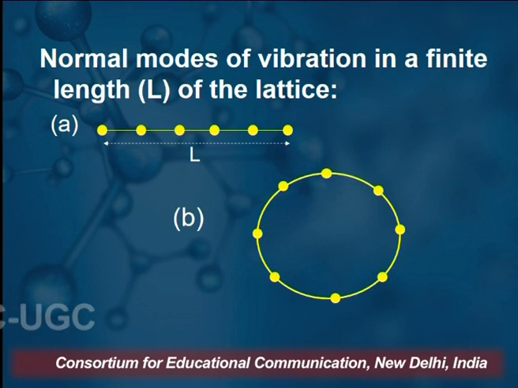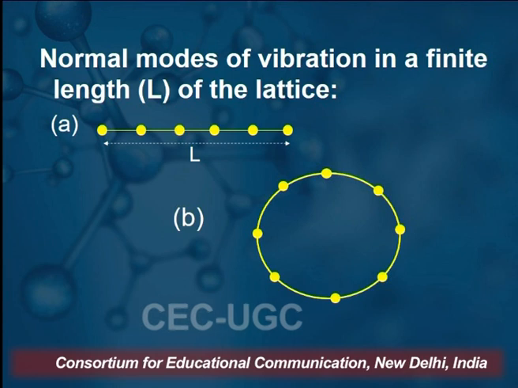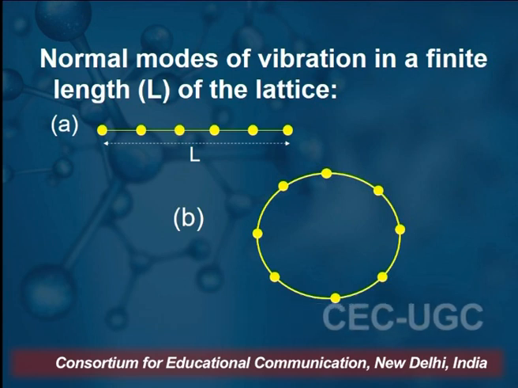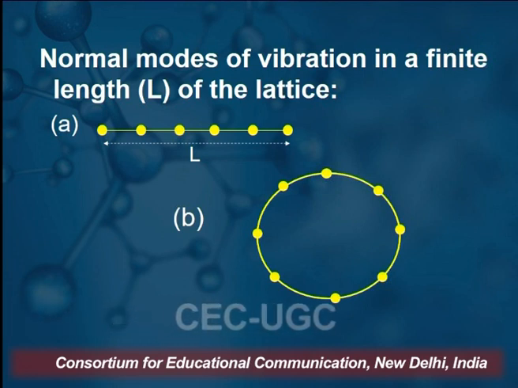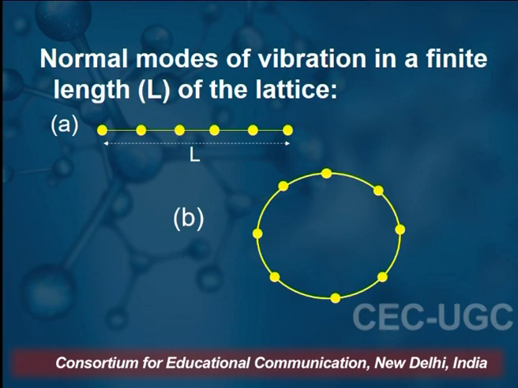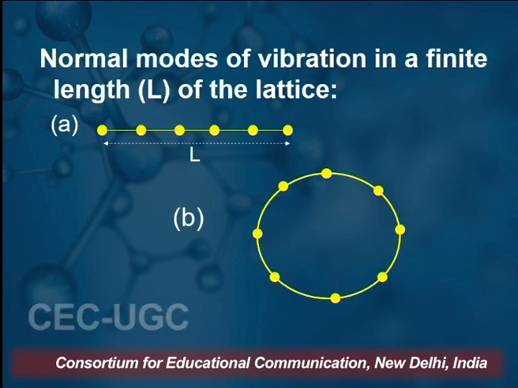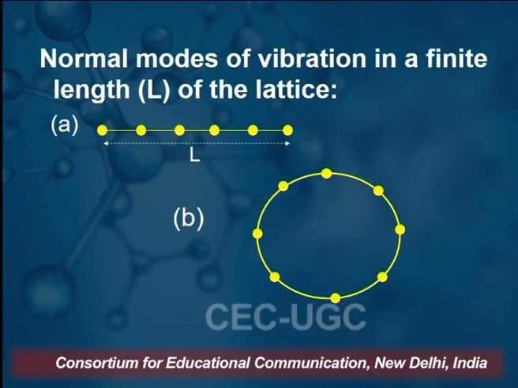Again, let me come back to the normal modes of vibration. Last time I had considered only the case where the two edges are fixed. Let me consider my monoatomic chain of lattice of length L, with the first atom and the last atom.